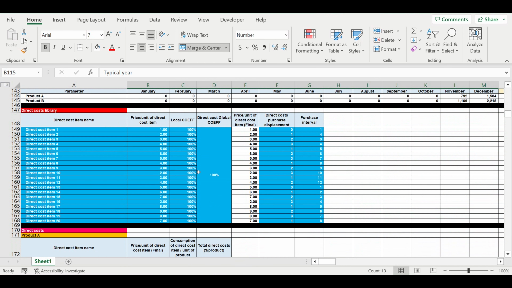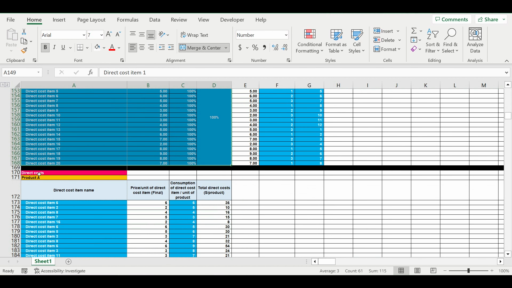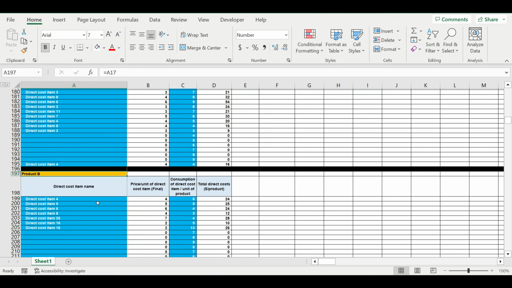Then we describe the raw materials that participate in manufacturing of product A and product B.